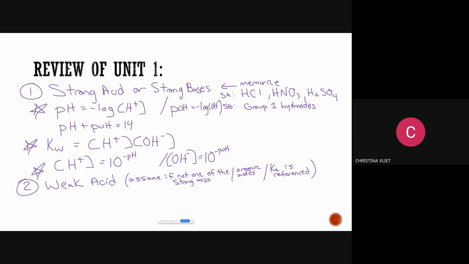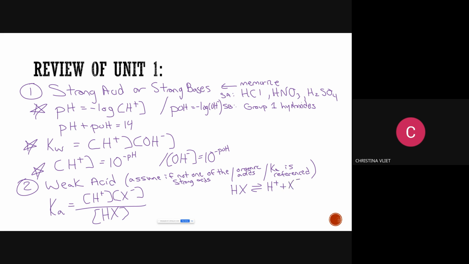You use the Ka formula. So there's a Ka formula: Ka equals H plus times X minus over HX. And in this formula, because of the way that the equilibrium is, what can you always assume?